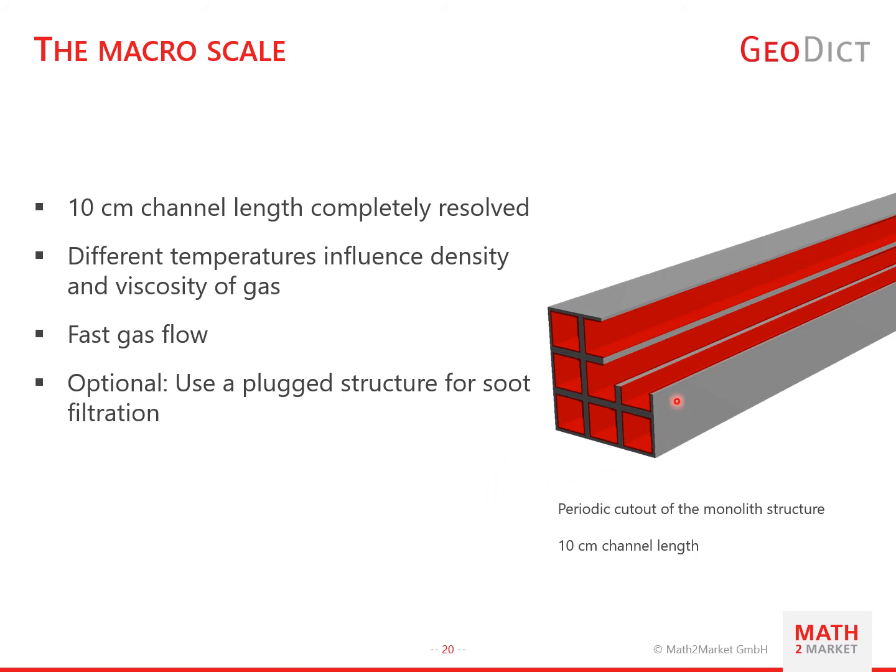We have much less detail on this scale, as you can see. Here our washcoat layer is only 1 voxel in thickness, a little layer inside our channels. So much less detail, but since we do not want to simulate any detailed diffusive movement anymore, we can use this model here.